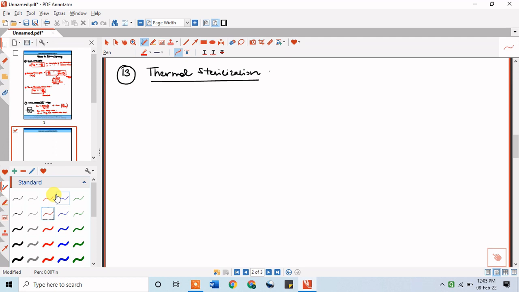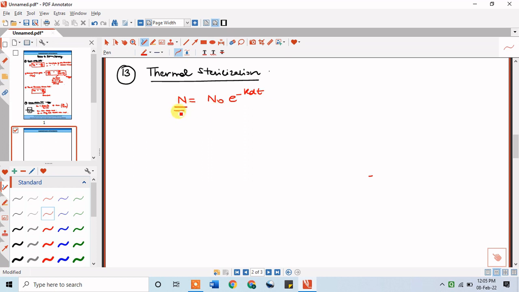Now what is the formula for sterilization? Let's look at this too. What will be the formula for sterilization? It would be equal to N is equal to N naught into e to the power minus kd t. Okay, so what is N?